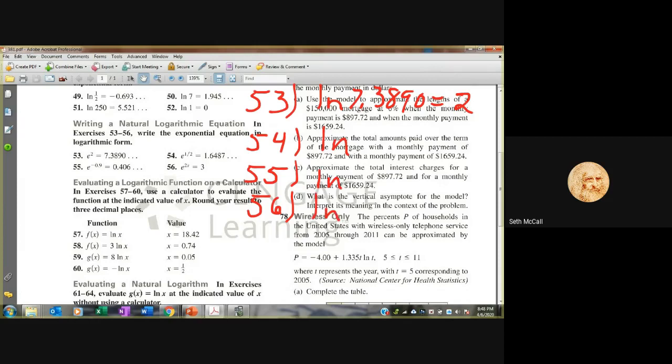And you switch the numbers. 1.6487 equals 1/2. 55, it's going to be natural log of 0.406 equals negative 0.9. And then 56, it's going to be natural log of 3 equals 2x. So again, just following the pattern, how to go from exponential form to logarithmic form.